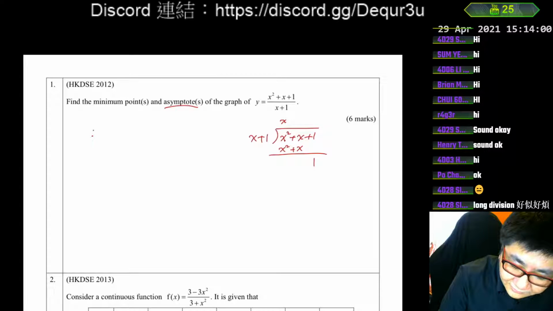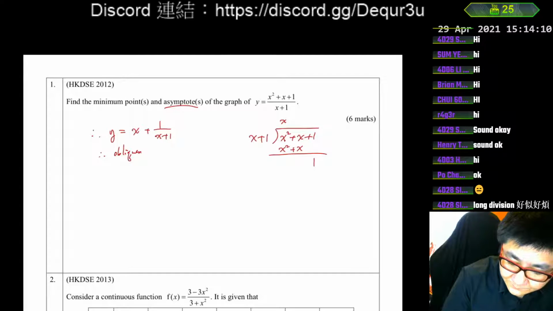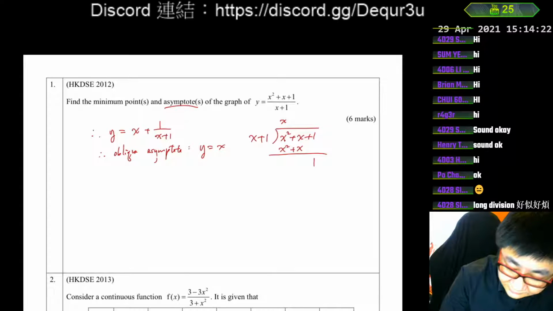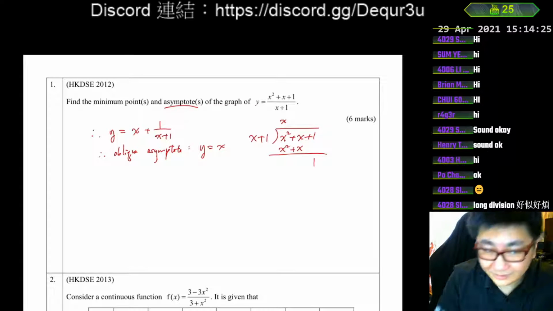Therefore y can be rewritten as x plus 1 over x plus 1, and so the oblique asymptote is y equal to x, which is just the quotient, the outside part.